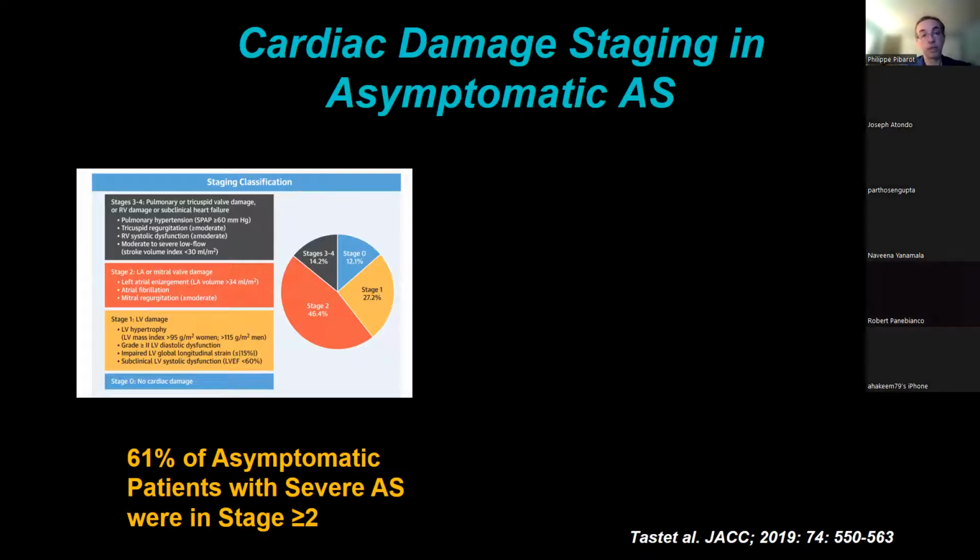So my point here is that the absence of symptoms in patients with severe AS or moderate AS is maybe falsely reassuring. If you have symptoms, okay, then it's a no-brainer. It's a stage D, and it's a class 1 indication for intervention. But if there are no symptoms, it does not necessarily imply that there is no cardiac damage. And maybe in this population, we should move away from symptoms and look more at our echo.